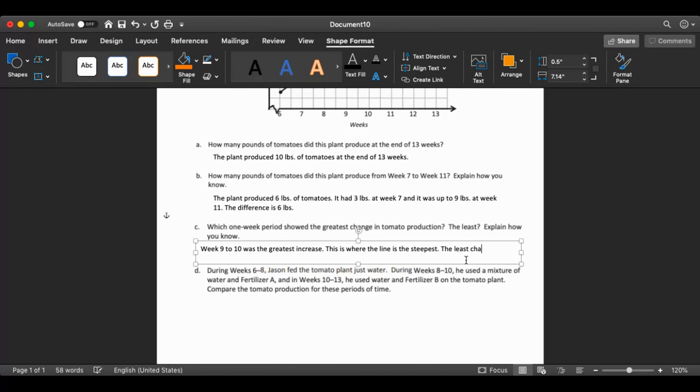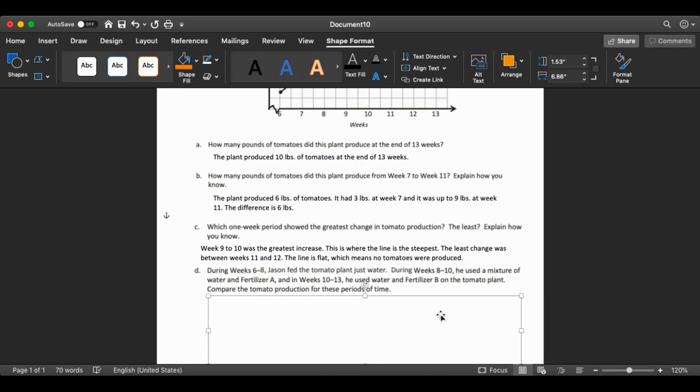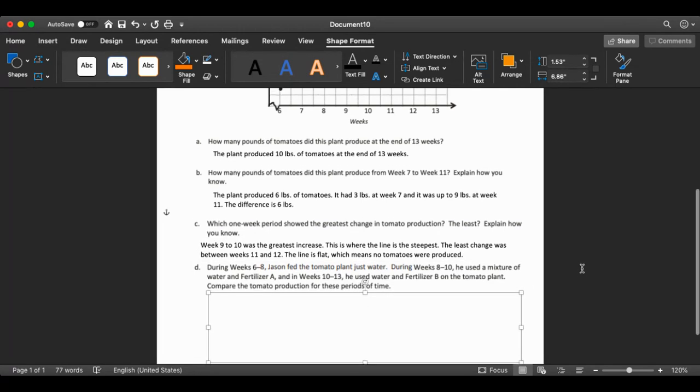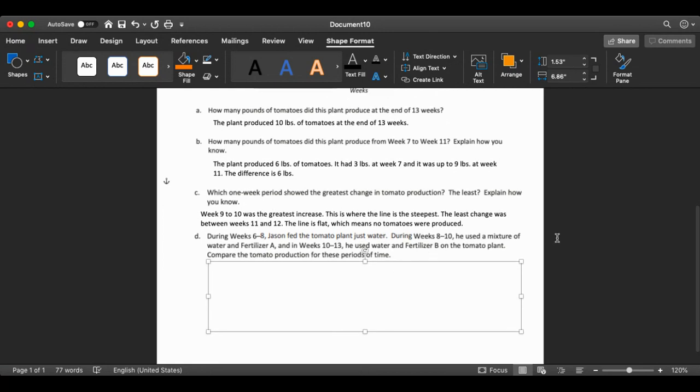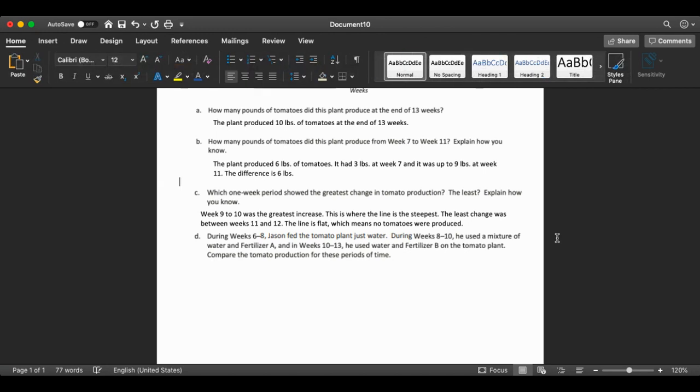The least change was between weeks 11 and 12. Let's look at the last one. It says during weeks 6 to 8, Jason fed the tomato plant just water.